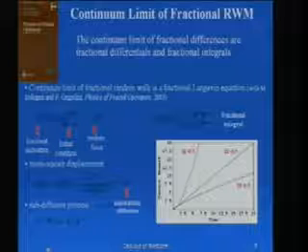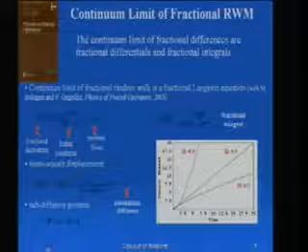So what this is saying is that you have an operator, D to the alpha, operating on some function, and that's given by a kernel, t minus t prime, times f of t prime dt prime, from 0 to t. And the particular fractional calculus you adopt is determined by what kernel you have in there. And there are many different choices. The one here is the Liouville-Riemann choice, which is 1 over t minus t prime to the 1 minus alpha, with 1 over gamma of alpha for normalization.